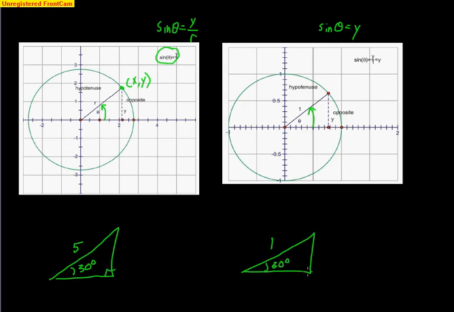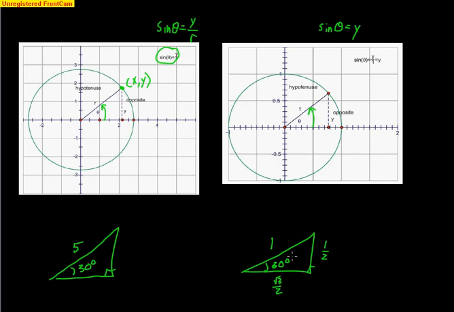Now, we know this very well. We know that if the hypotenuse is 1, then this opposite side is going to be a half, because it's always half of that. And this is going to be radical 3 times the 1/2, or radical 3 over 2. In fact, we noticed this on the unit circle. At 30 degrees, the y-coordinate is 1/2, and the x-coordinate is radical 3 over 2.